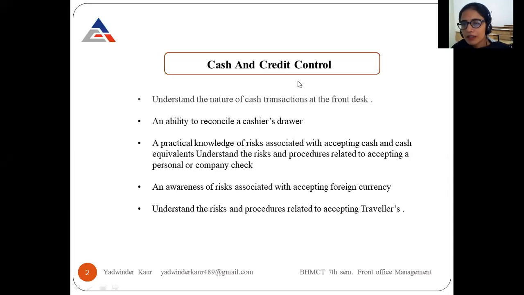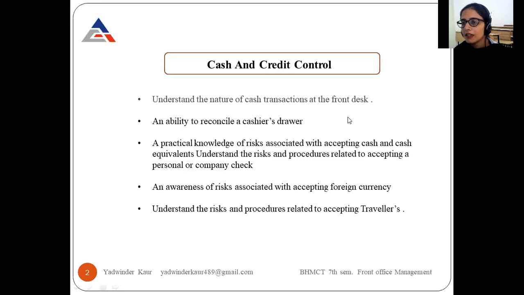So today we will discuss how we can reconcile the cashier's drawer and understand the cash transactions of the front desk, which is a major part of our front office department, where we have to take and give cash to the guest, right?